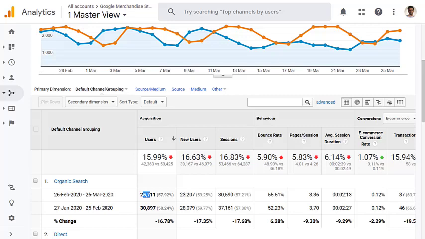What can you say, Rahul? I want to know that. A 16 percent difference is not small. It's a huge difference, Rahul. Your traffic was 30,000 visitors, but now it is 25,000 visitors.